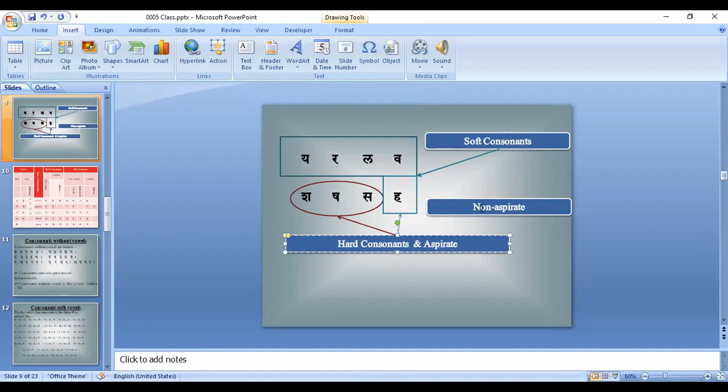And the last sibilant is a soft consonant, and also aspirate.